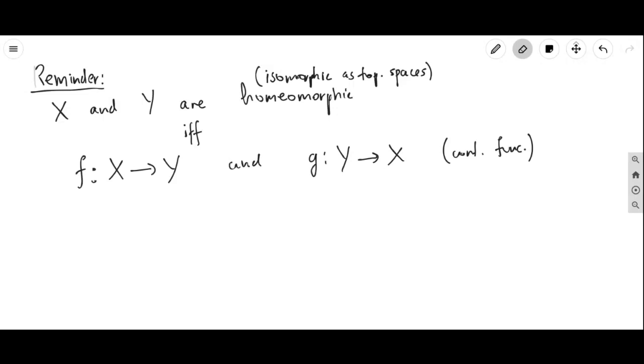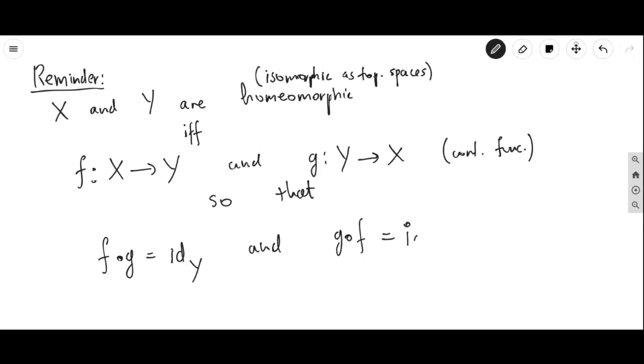Sometimes we get sloppy, we just say function or map, but it will always mean continuous unless otherwise noted. So you can find continuous maps so that f composed g is the identity on y, and g composed f is the identity function on x. Okay, so that is the definition of what it means to be homeomorphic as topological spaces.